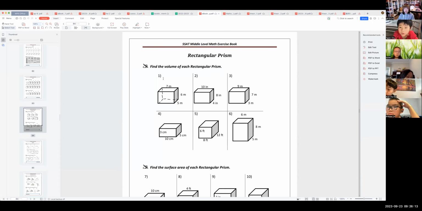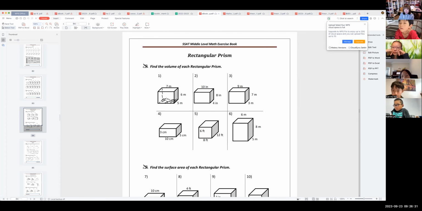So all the boxes, all the rectangular prisms, I want to ask Evan, how many sides do they have? 6. Very good, there are 6, right? But we only call one of the sides the bottom. Do you understand? So the bottom one is actually touching the ground. We call it the bottom side, okay?